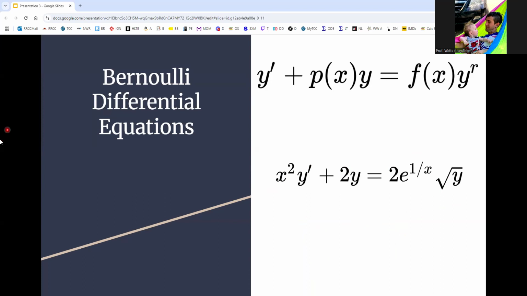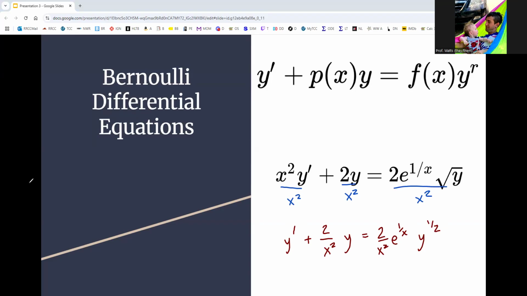To put it in the standard form, we'd want to divide by x squared. And then it might help to write that square root of y as y to the 1/2.